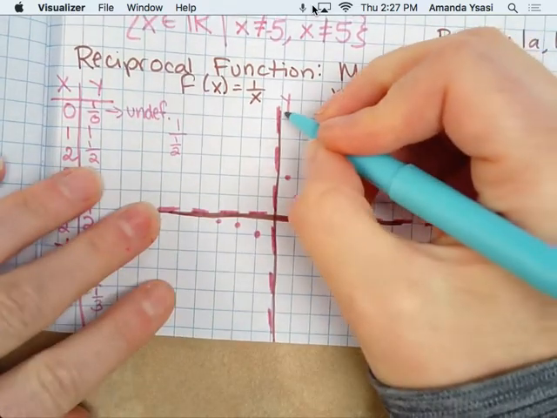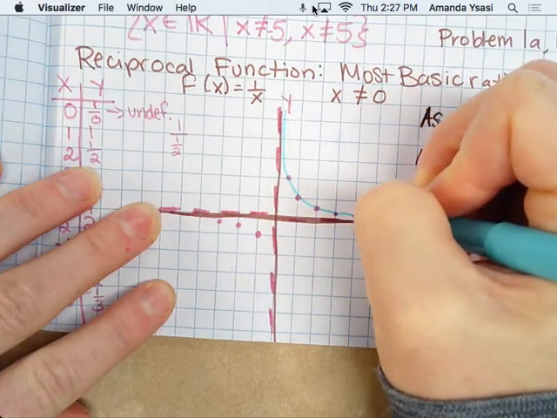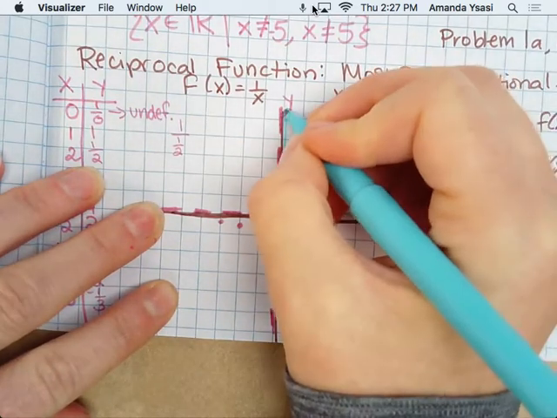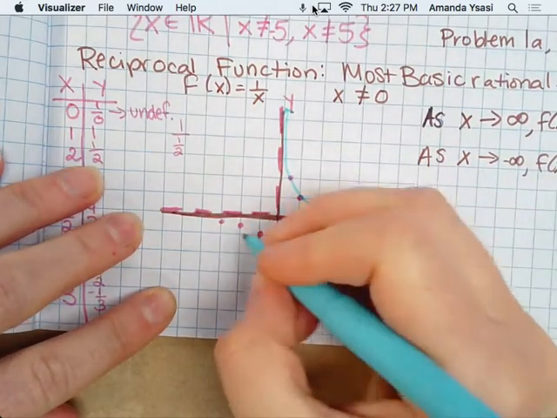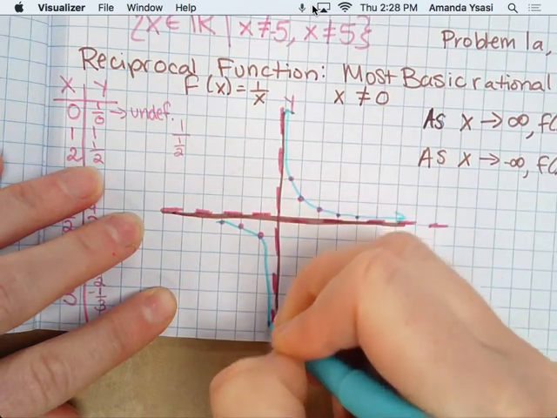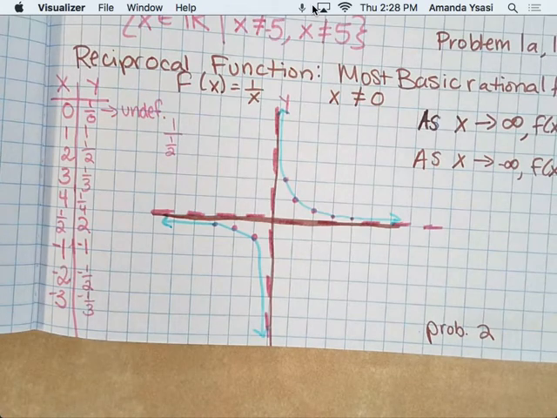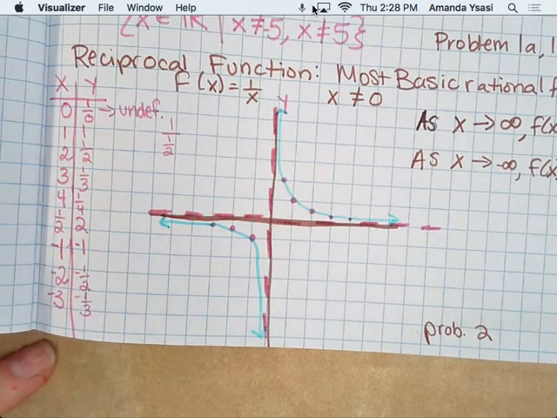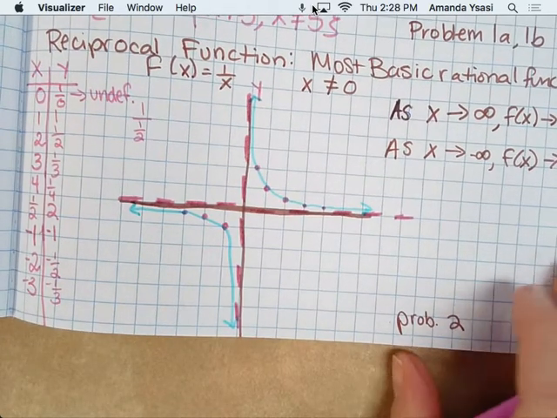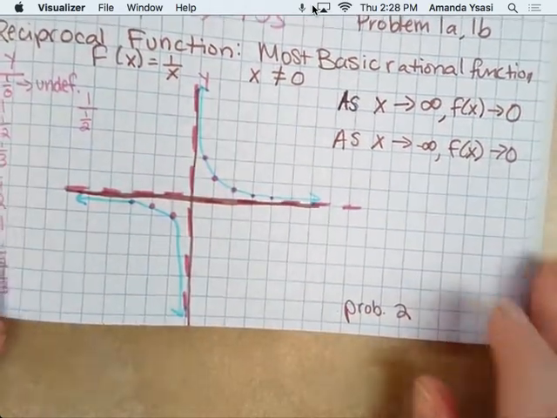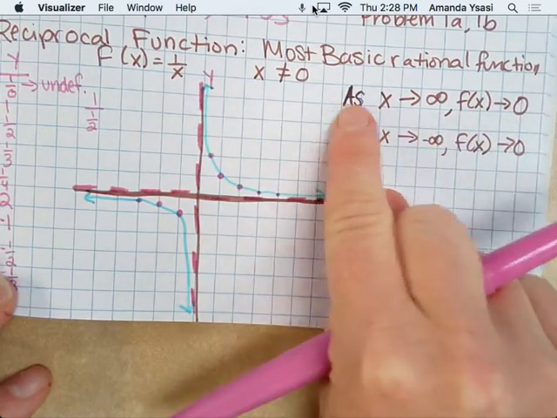So the function looks like this. And it goes on and on forever to infinity. And then it does the same thing over here. So what this means is this is kind of your behavior.